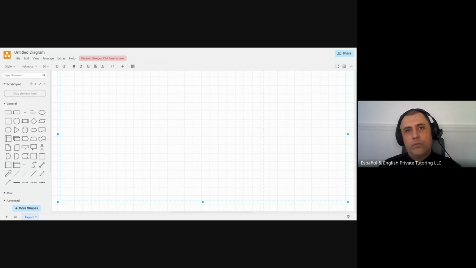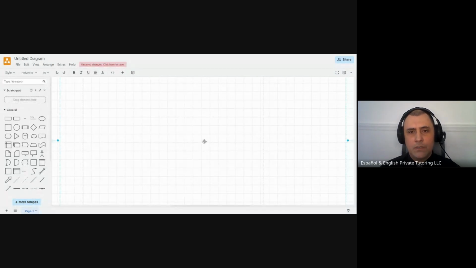Today we are going to learn about indirect objects and indirect object pronouns. We are also going to learn about something we call in this class VCC verbs.